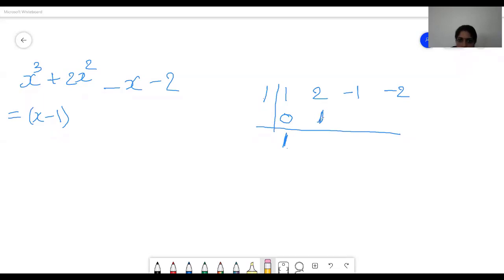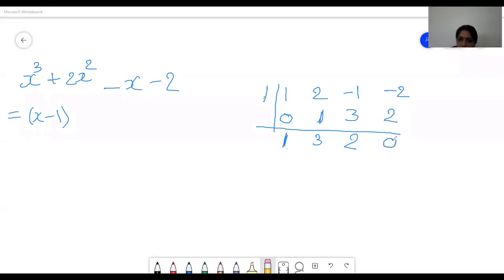Now again addition of these two. 2 plus 1 is 3. Multiplication of this 3 with this 1. 3 into 1, we are going to write here. Addition. Minus 1 plus 3 is 2. 2 into 1, we are going to write here.